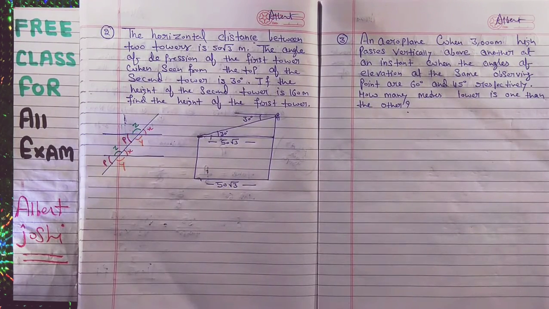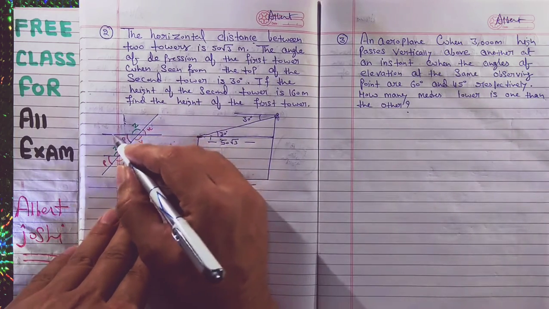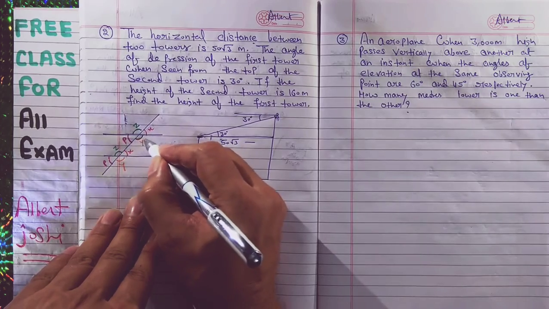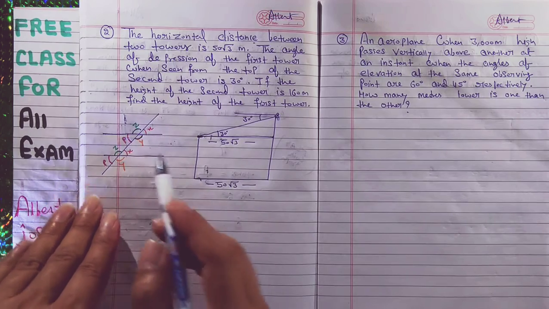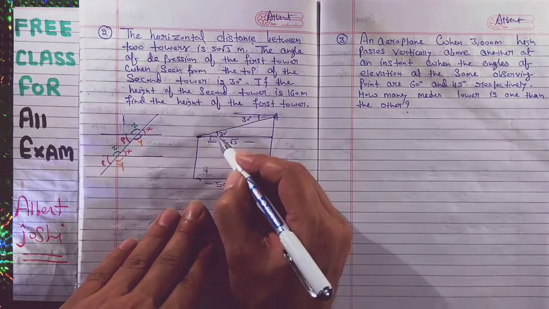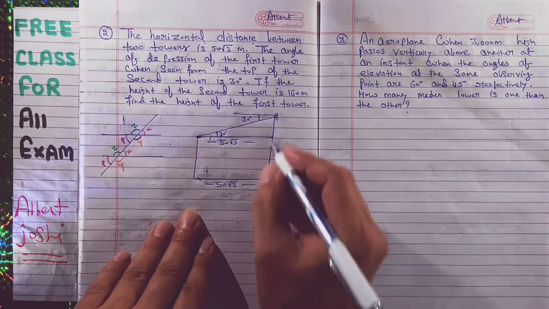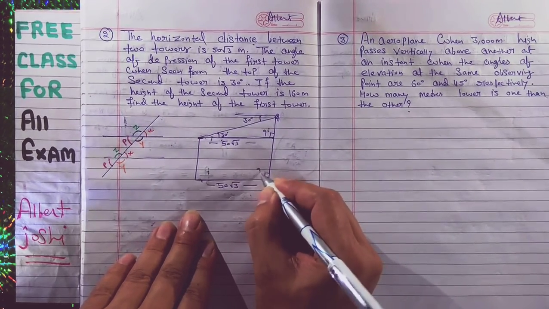I think you understand. You also must know that if two lines cut each other, then the opposite angles are equal, but here we are explaining only the corresponding angles. By the help of corresponding angles, both of these are 30 degrees. Now that is the perpendicular, so this is 90 degrees, and this is also 90 degrees.